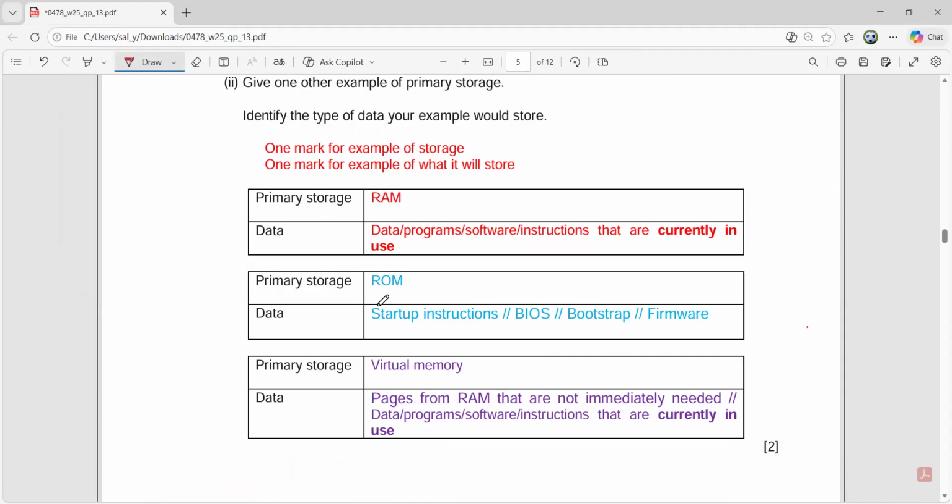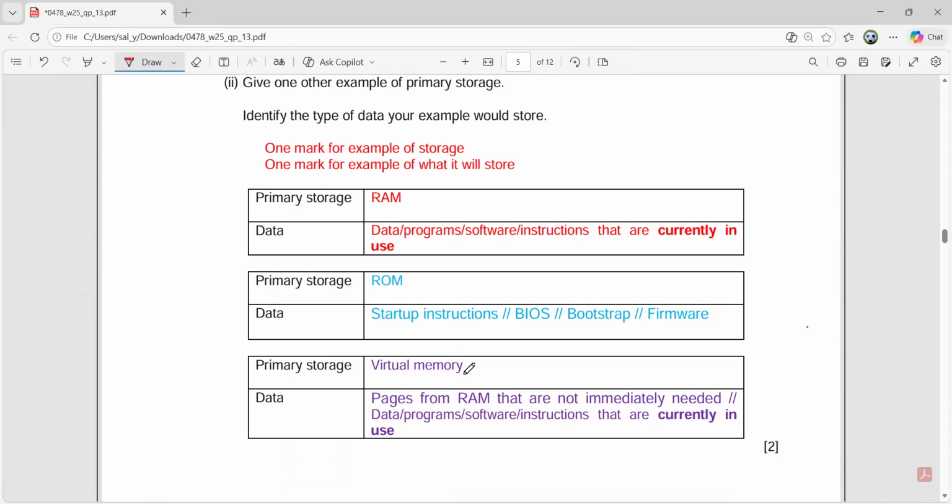So if a child has written VM or virtual memory for the primary storage, the examiners had considered that answer to be a right answer. Although, just be clear, when we talk about primary storage, the 3 examples that we normally quote are RAM, ROM, and cache. But just think of the application. VM virtual memory is storing not its data. It's not the hard drive's data. It's not permanent data.